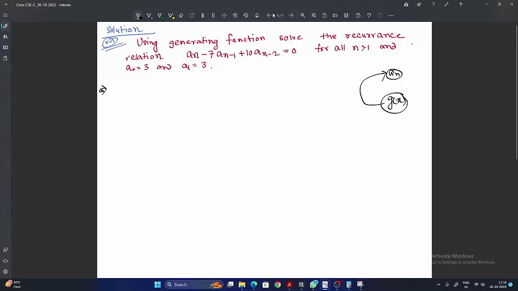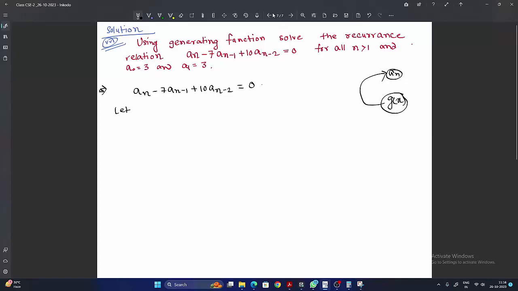First of all, just write as it is the recurrence relation, which is a_n minus 7a_(n-1) plus 10a_(n-2) is equal to 0.